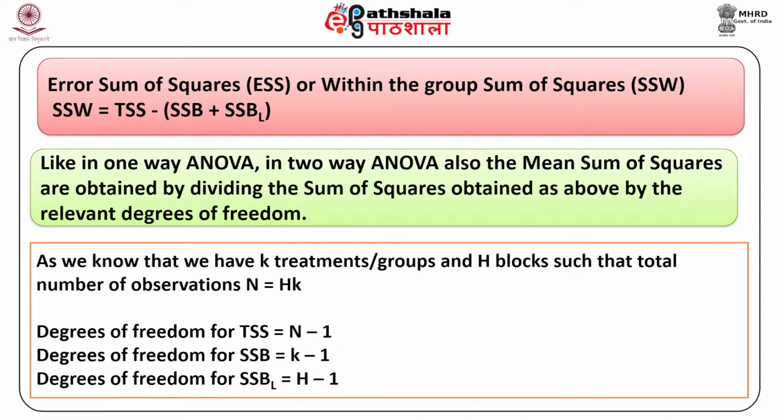Like in one-way ANOVA, in two-way ANOVA also, the mean sum of squares are obtained by dividing the sums of squares obtained as above by the relevant degrees of freedom. As we know, if we have k treatments or groups and h blocks such that the total number of observations N is equal to h into k, the degrees of freedom for the total sum of squares is equal to N minus 1, degrees of freedom for SSB is equal to k minus 1, and degrees of freedom for SSBL is equal to h minus 1.